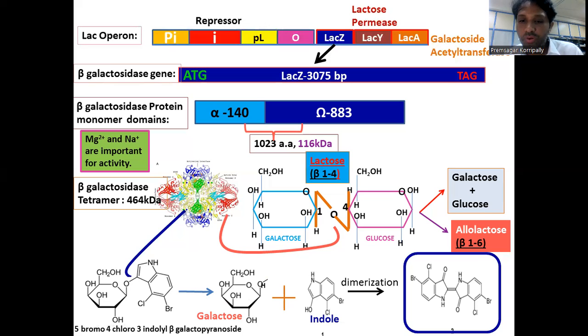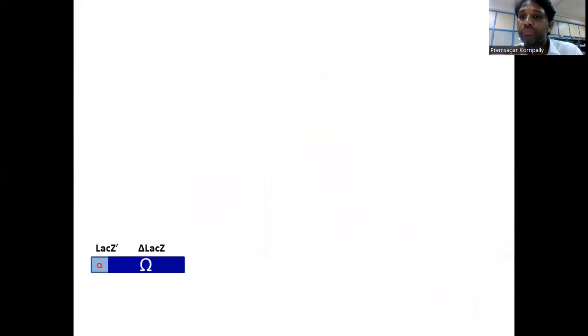Right. So now we'll move to the next section, where we see how beta galactosidase was used in the construction of cloning vectors and how it is useful in the single step visual selection of recombinants. As I told you, one of the important properties of beta galactosidase was critical in the development of pUC18 vectors, or the pUC series of vectors.